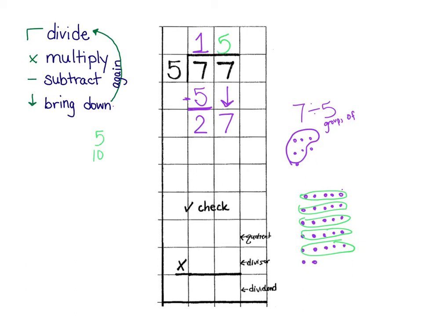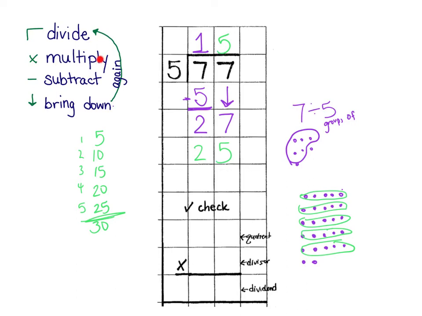We can also skip count. 5, 10, 15, 20, 25, 30. 27 would be right here, so that would be 1, 2, 3, 4, 5 groups. Now, after we divide, we're going to multiply. 5 times 5 is 25.